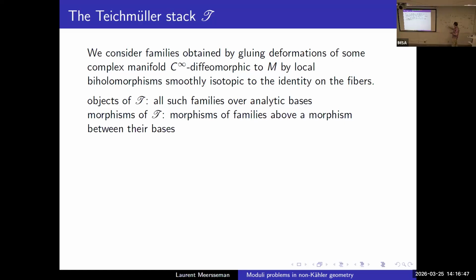Okay. And this T comes with a projection to the site of analytic spaces. It's easy to check that this is a category fibered in groupoids, and then more than that, this is a stack. And so this is a stack over the site of analytic spaces.